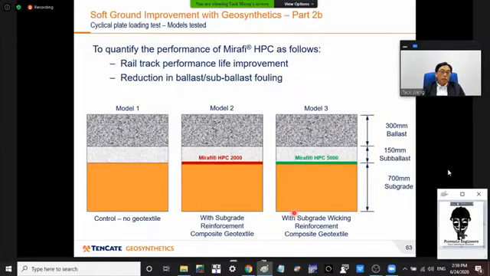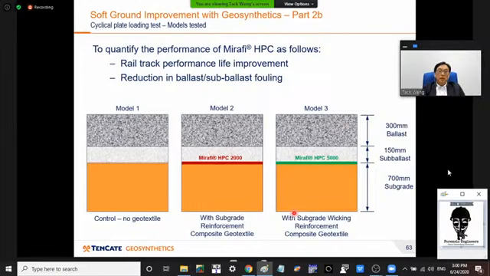The control has no geotextile, and there's a standard 150 mm of sub-ballast and 300 mm of ballast on top. Then in model 2, there's an inclusion of Mirafi HPC 2000, which is a composite of a non-woven and a high modulus woven stabilization geotextile.